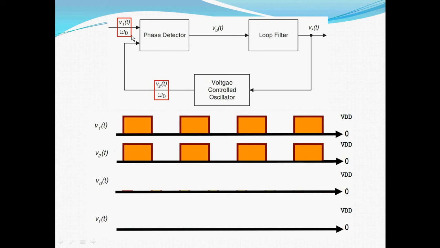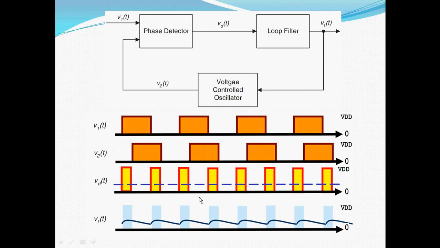Assuming the angular frequency of the input signal V1 is equal to the center frequency omega 0, the VCO operates at its center frequency omega 0. The phase error is 0, indicating the output signal of the loop filter Vf is also 0. If the phase error theta E was not initially 0, the phase delay would develop a non-zero output signal Vd.